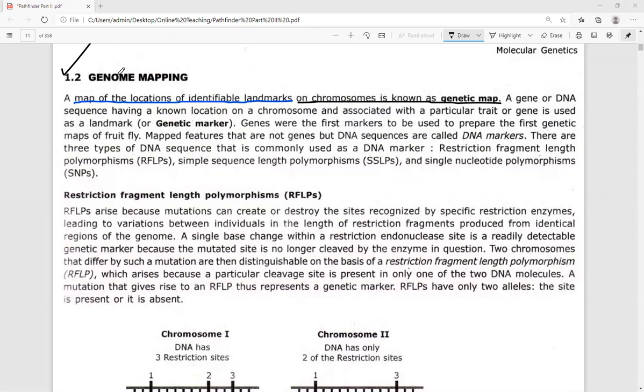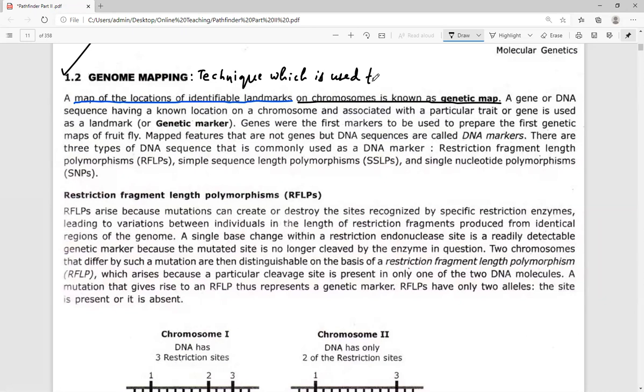So genomic mapping refers to all the different types of maps which are used to determine the locus of different genes in the chromosome. Genomic mapping refers to the technique used to map the entire genome of an organism.